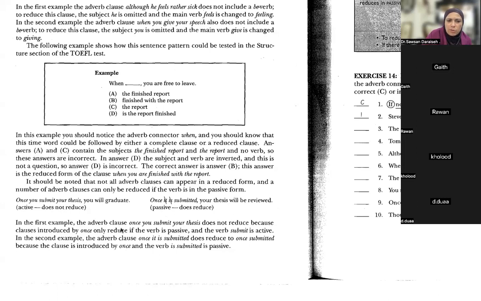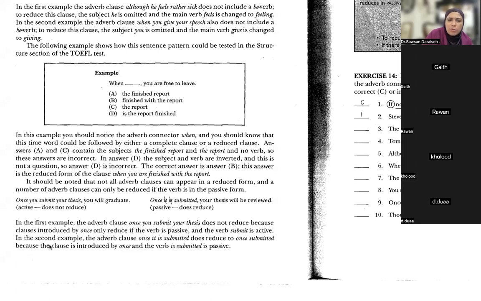In the first example, the adverb clause, once you submit your thesis, مجرد ما تسلم رسالتك, does not reduce because the clause is introduced by once. the clauses اللي بدايتها once only reduce if the verb is passive. فهاي عمموها. أي clause, adverb clause بدايتها once, مجرد. once معناها مجرد guys. alright. إذا ما كانت passive ما في reduction. لازم تكون passive. Okay. For us to reduce it. Okay. Or to get that clause to be reduced. And the verb submit is active. والفعل عندي active submit. يعني مبني للمعلوم.